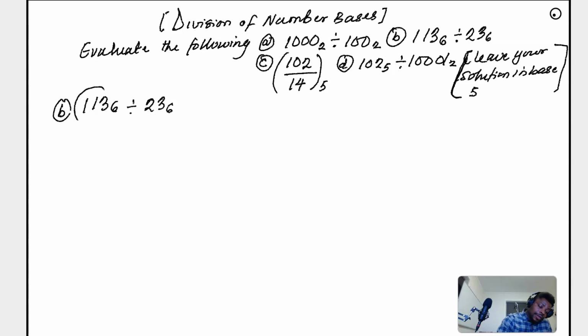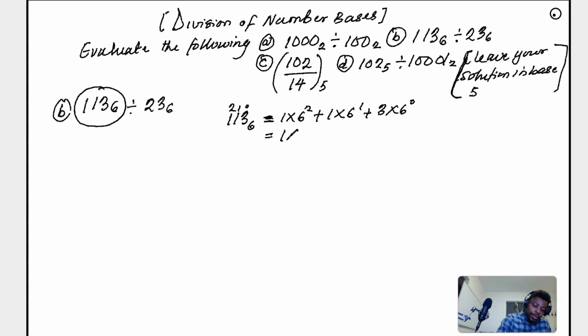So I have to convert this to base 10 first. So 113 base 6, 0, 1, 2. 1 times 6 raised by 2 plus 1 times 6 raised by 1 plus 3 times 6 raised by 0.